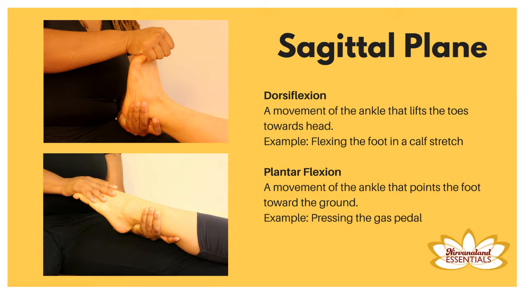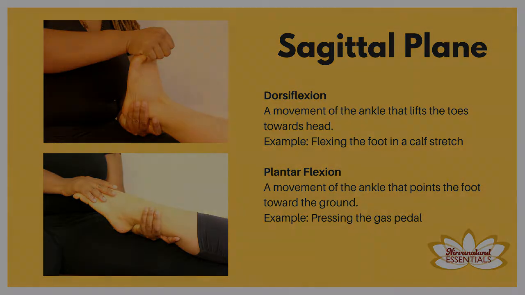So in this example, I'm flexing the foot to stretch the muscles at the bottom of the foot, but also stretching the calves as well. Plantar flexion is the opposite. It's a movement at the ankle that points the foot towards the ground, kind of like when you step on a gas pedal.